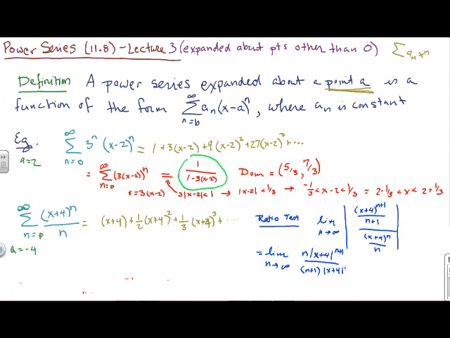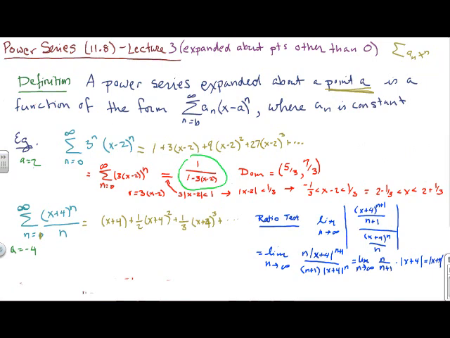And of course this simplifies again to the limit as n goes to infinity of n over n plus 1 times the absolute value of x plus 4, which of course is just the absolute value of x plus 4. That limit's just absolute value of x plus 4 because n over n plus 1 goes to 1.